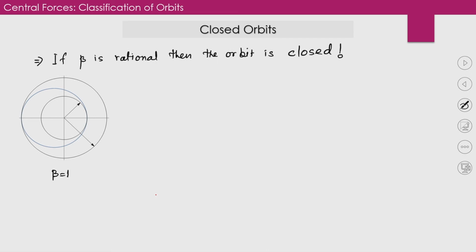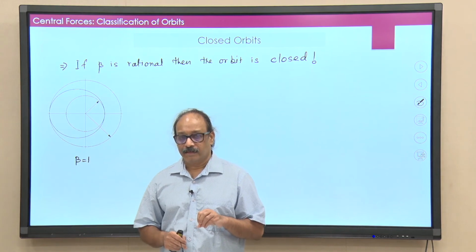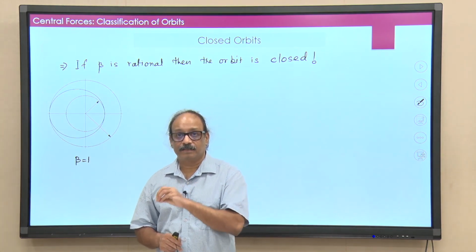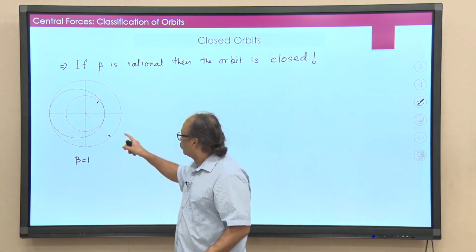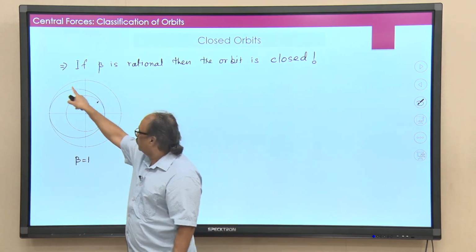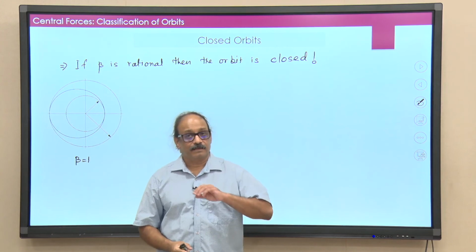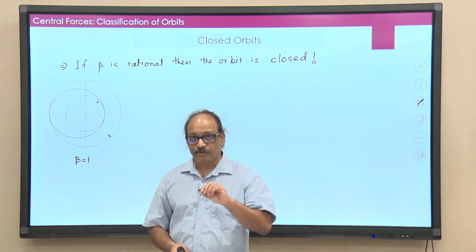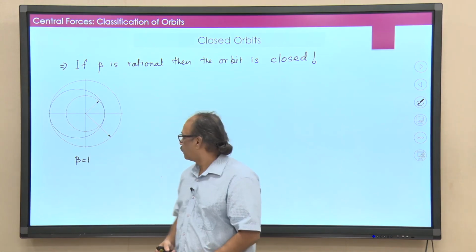If beta is equal to 1, what does that mean? u minus u naught is simply cos theta. Cos 0 is again exactly equal to cos 2 pi. That is when the value of u at 0 and the value of u at 2 pi are exactly the same.